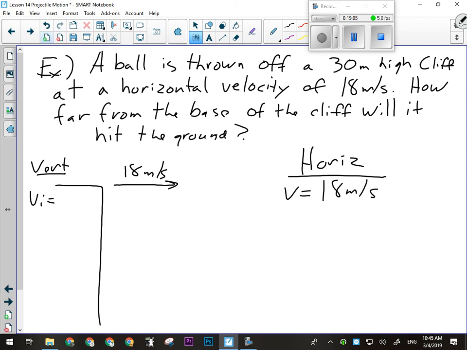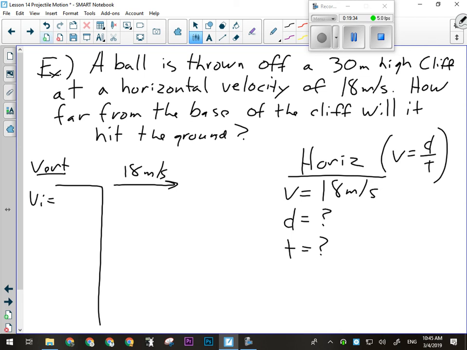It's moving at 18 meters per second, and that number's not going to change. Then from a horizontal perspective, the only formula I can use is that one. Problem is that I'm looking for the horizontal distance, D. What do I need in order to get that? Time, which I also don't have, at least not yet.